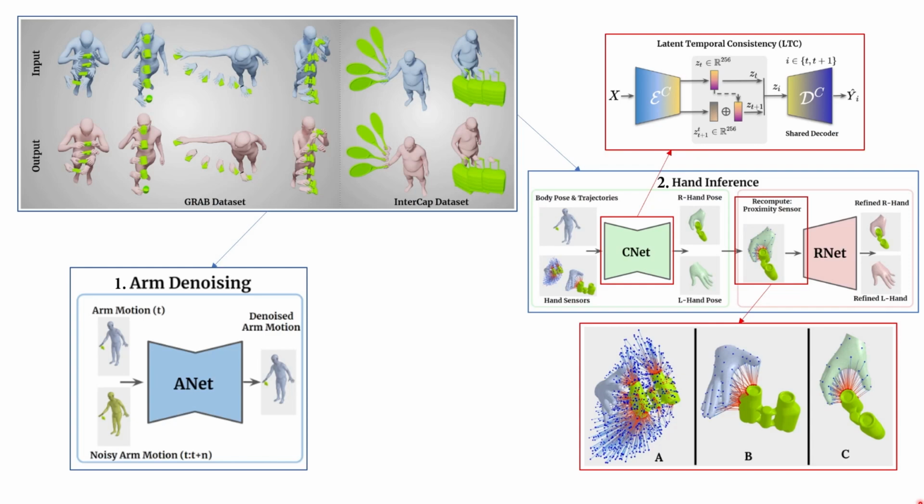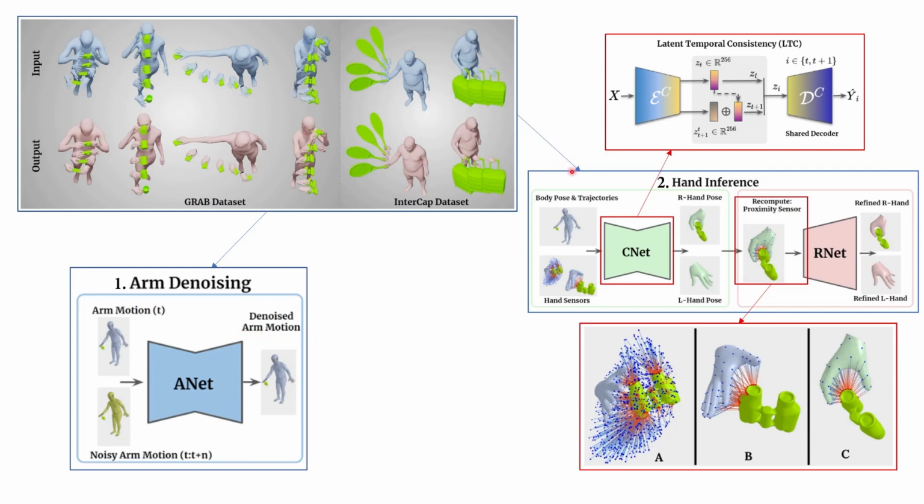Grip overcomes these limitations by taking 3D body and object motion as input and generating realistic dynamic hand movements before, during, and after interaction. Grip consists of 3 main components. ANet, arm denoising network, cleans noisy arm motion to provide better input.